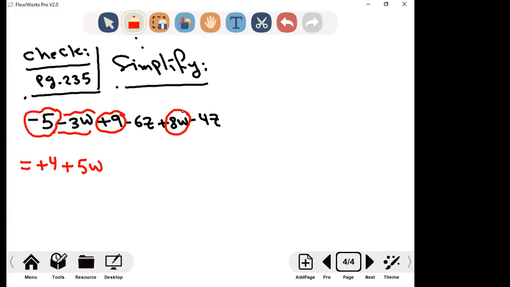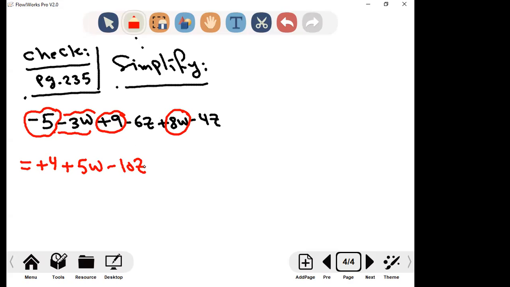Now still z. Here we have z power 1, and here we have z power 1, like terms. Here we have -6, and here -4, negative. We add and put the same sign, right? -10. Now in algebraic expressions, the constant should always be at the end, right?